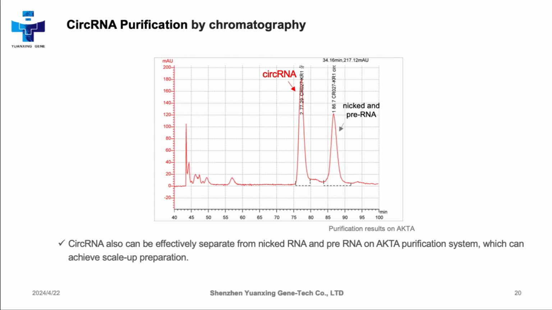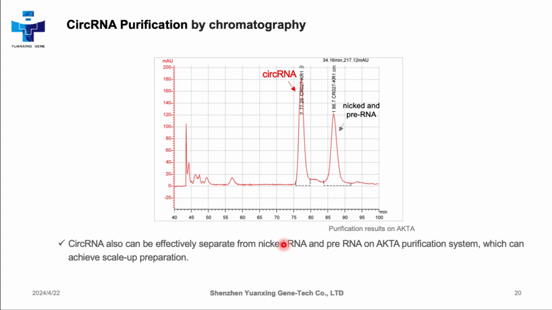Next, let's see a new method we developed to purify the circRNA by chromatography. The purification of circRNA through chromatography has been a great challenge, especially for the separation of the circRNA and the nicked RNA, which have almost the same molecular weight and charge properties.